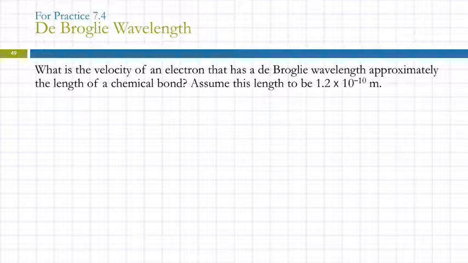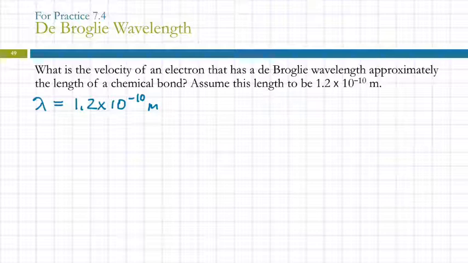So let's do that. What's the velocity of an electron that has a de Broglie wavelength approximately the length of a chemical bond? Assume this length to be 1.2 times 10 to the minus 10 meters. So we're being told that the wavelength is 1.2 times 10 to the minus 10 meters, and we're asked to find the velocity.